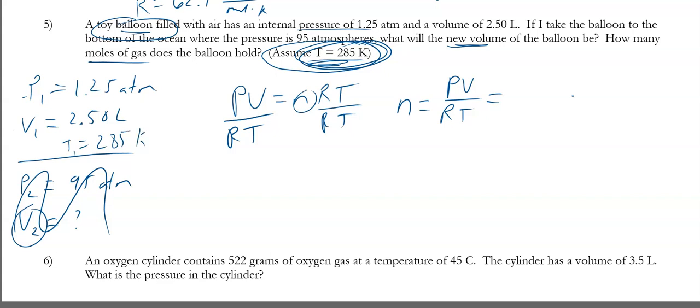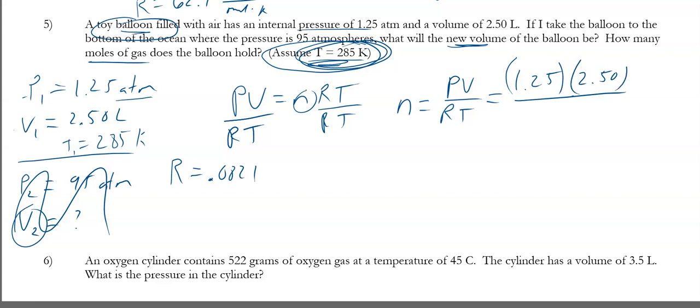Again, we look at our pressure units. Our pressure units are in atmospheres, so the R value we're going to use is 0.0821. So when we plug this in, we have 1.25 atmospheres times 2.50 liters divided by R, which is 0.0821, times temperature, 285.